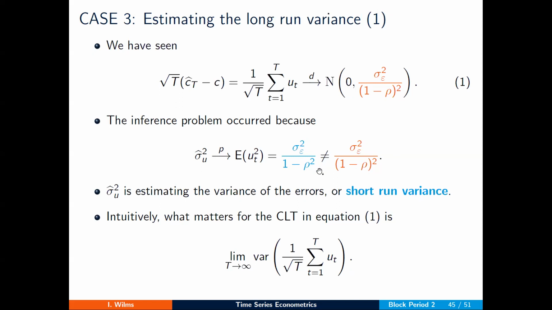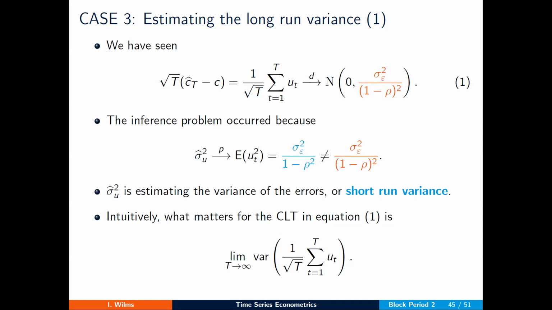And since both did not coincide, the expression did not simplify to a standard normal distribution. Intuitively, the only thing that matters for the central limit theorem is the asymptotic variance of this guy over here.